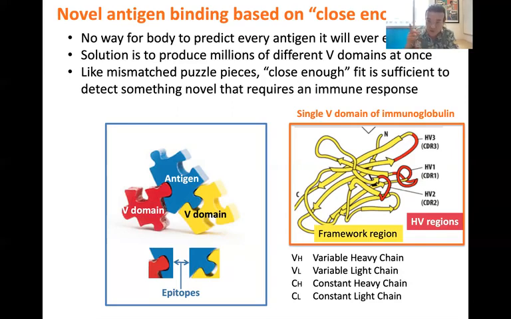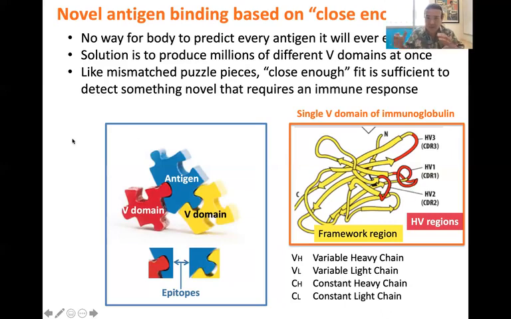So the solution that evolutionarily we came up with is we produce millions of different variable domains in immunoglobulins at once. So your body is filled with B cells right now that are making hundreds of millions of variations of these immunoglobulins with hundreds of millions of variations of these hypervariable loops.